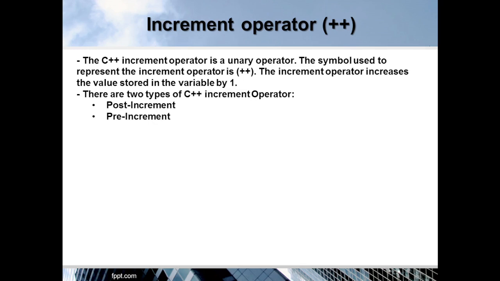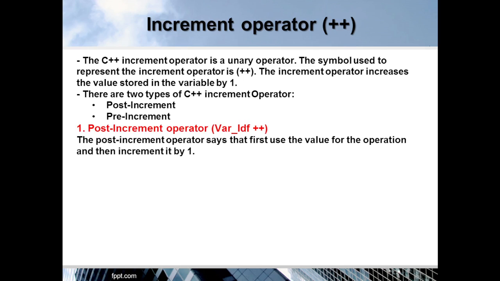We have two types of increment operator. So we have the post increment and the pre-increment. Let's start by the post-increment operator. The syntax will be, we put first the variable identifier, اسم المتغير, then we have plus plus. صح. القاعدة كيف تعمل هذه العملية؟ صح. تقول لك هنا the post-increment operator says that, يعني مبدأ العمل.